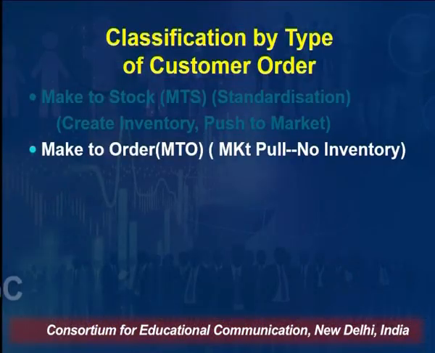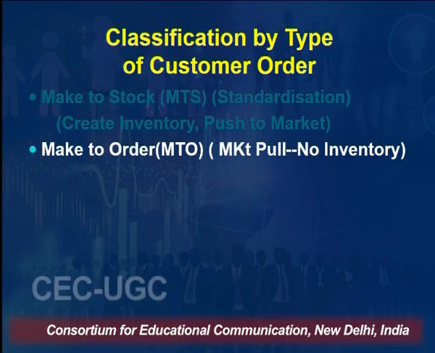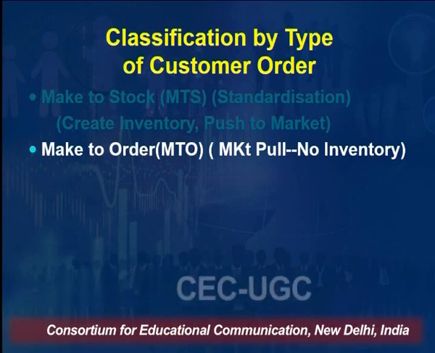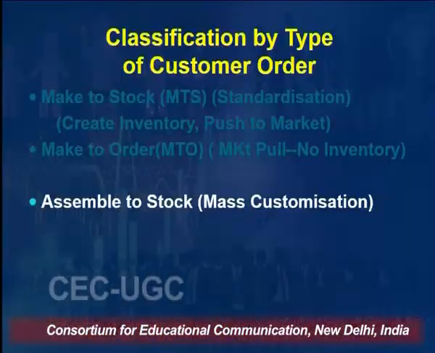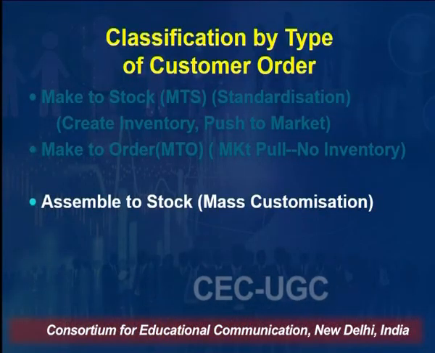The second kind of products are called make to order products, or MTO. This is market pull: when the market gives you the order, then you start making it. For example, an industry gives the order that you make a machinery for them, and they will make it accordingly. The third one is called assemble to order, which is mass customization. They get the order, there are already some materials, and they assemble it whenever the order comes from the market.